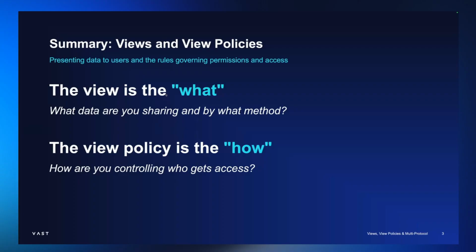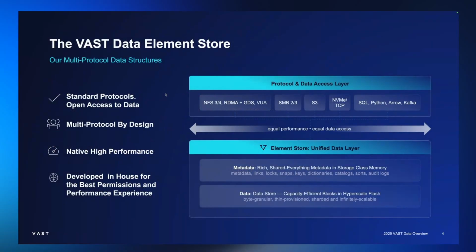So, again, a kind of review here: within the VAST platform, we have what's referred to as the element store. The element store is basically where all the data is stored. With our DASE architecture, our disaggregated shared-everything architecture, we separate the CNodes, or the front-end protocol, from the back-end storage.